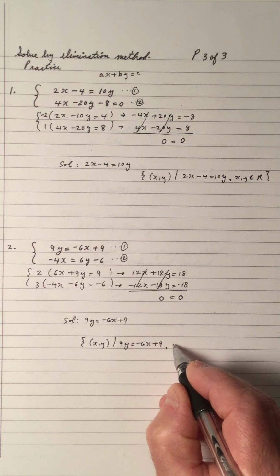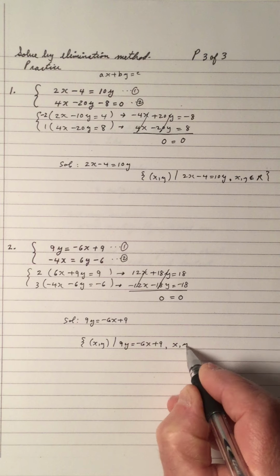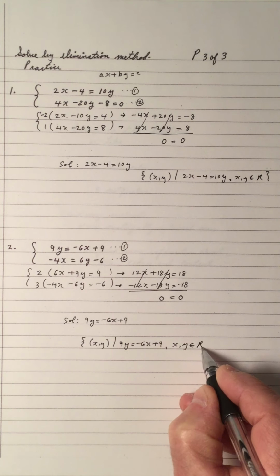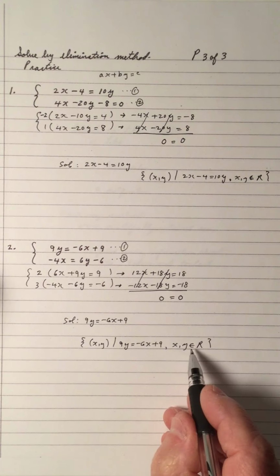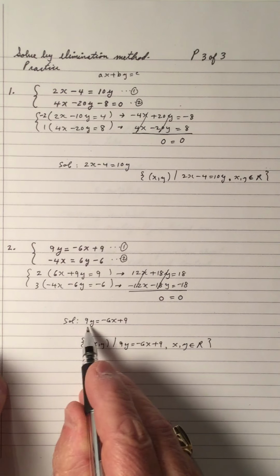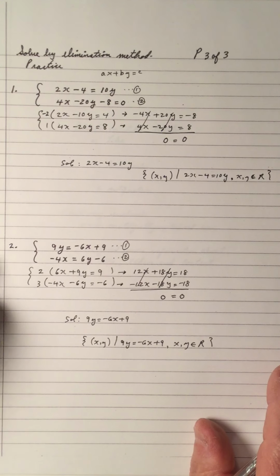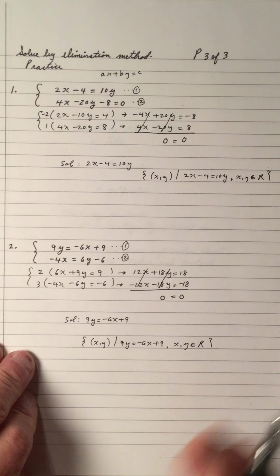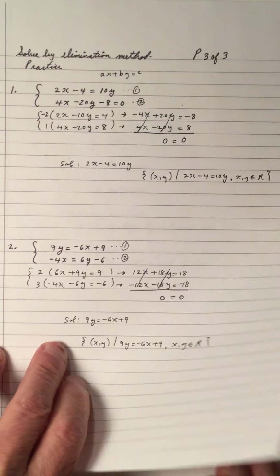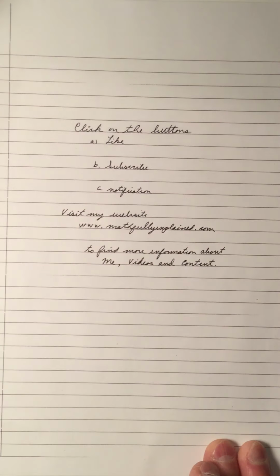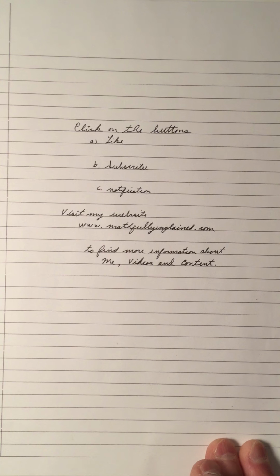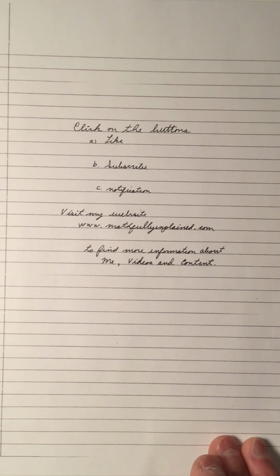And the set of all x and y, where x and y belong to the real numbers R. That's the official answer. But some teachers will allow you just to write down one of the equations. Your choice. And that brings us to solving elimination when the system is consistent dependent.